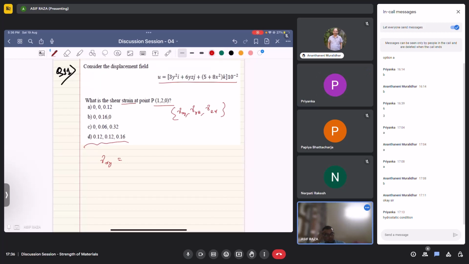No, it's a displacement field. Yes. U is 3y square i plus 6yz j plus 5 plus 8x square k into 10 power minus 2. Just forget, okay, leave it.